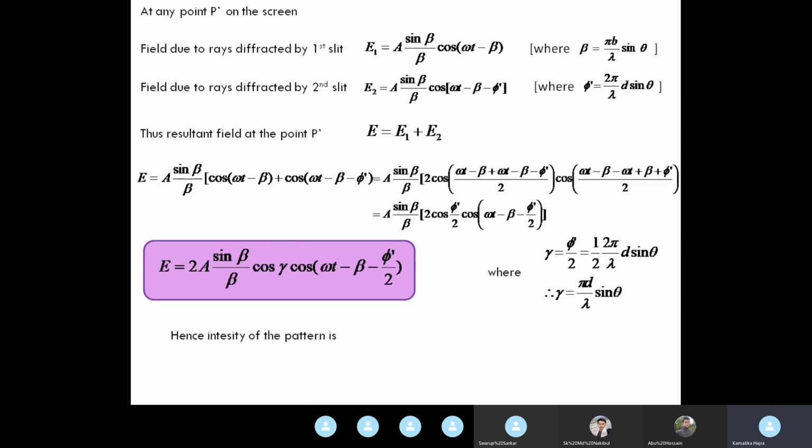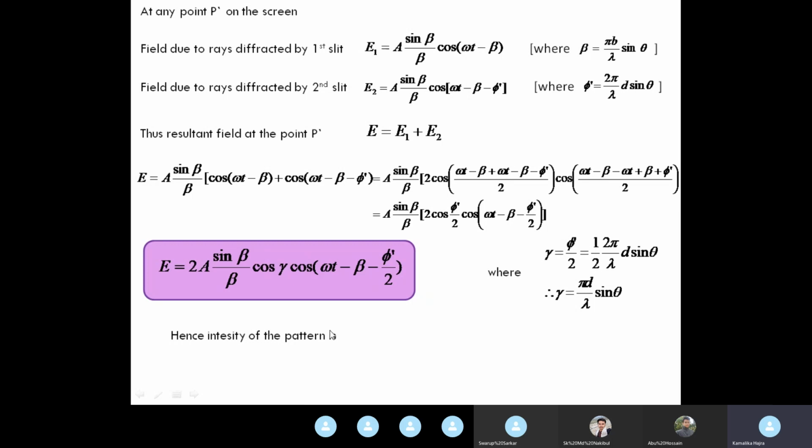The intensity of the pattern is given by the square of the amplitude. In our single slit case, the amplitude was only A sine beta by beta. In this double slit case, A sine beta by beta is there, along with it we also have as a multiplicative factor the term cos gamma.